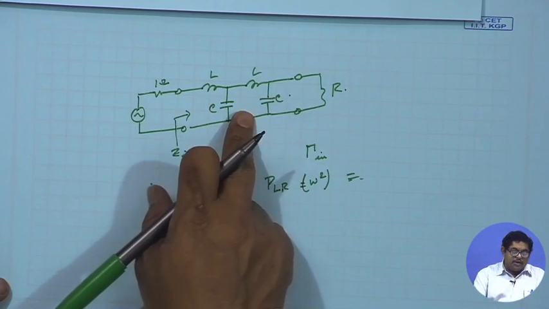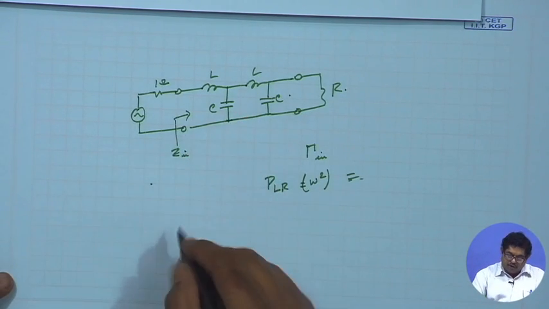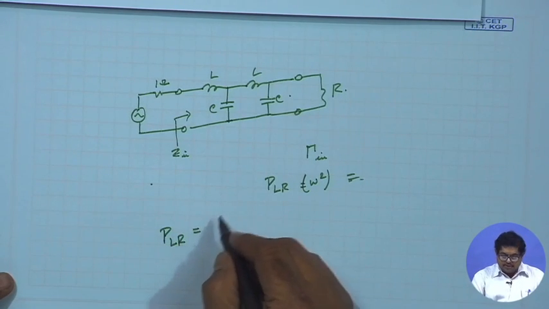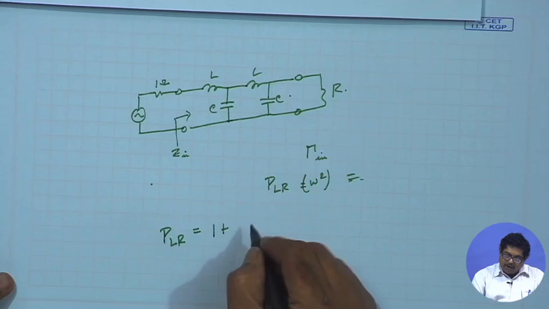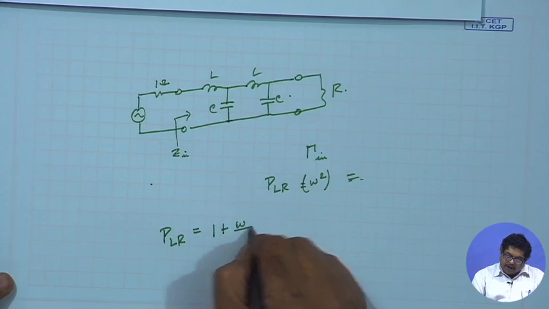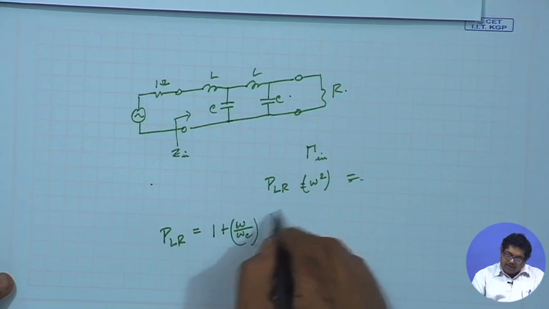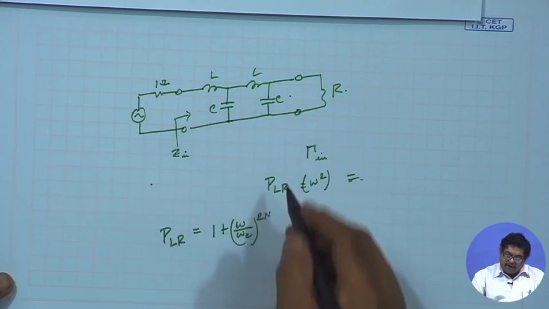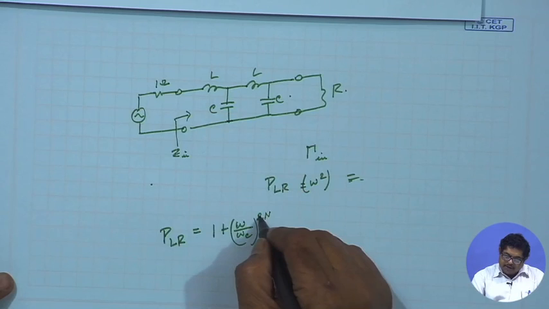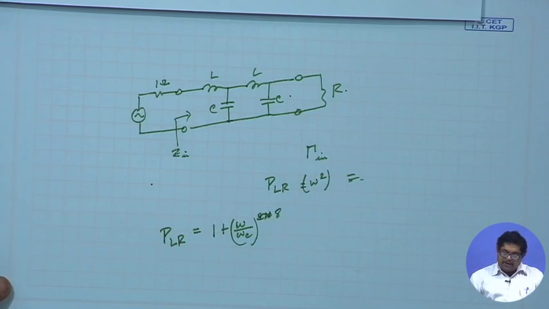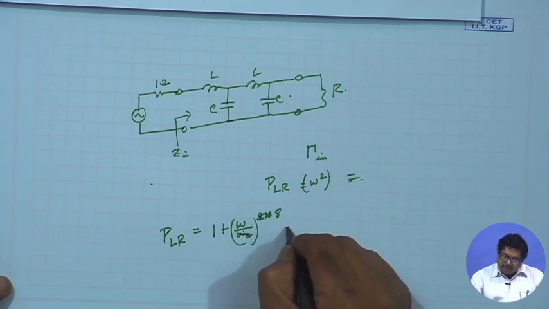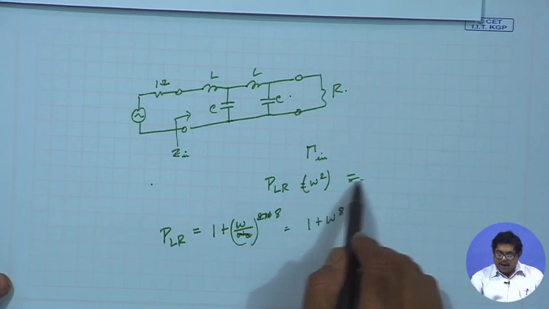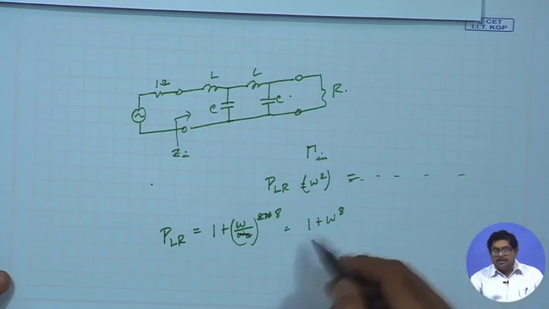I know that if I have n equal to 4, the PLR specification from the Butterworth response will be 1 plus (omega by omega c) to the power 2n. Depending on n, n equal to 4 means it will be 1 plus (omega by omega c) to the power 8, and omega c is 1, so it is 1 plus omega to the power 8. You will have these expressions here, you compare.